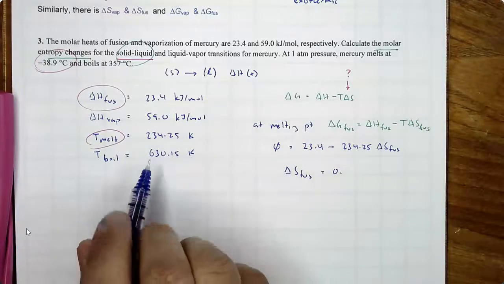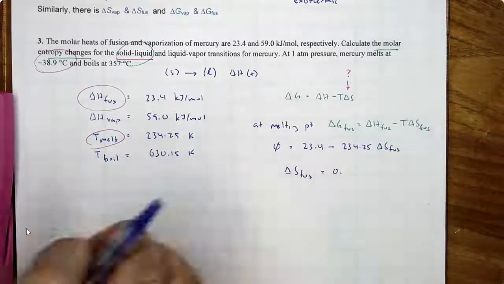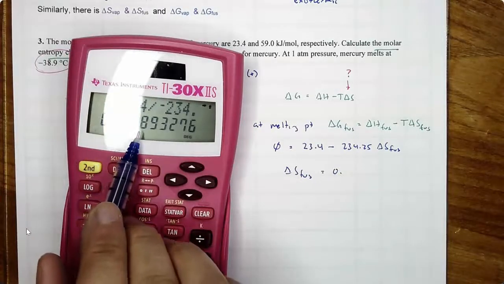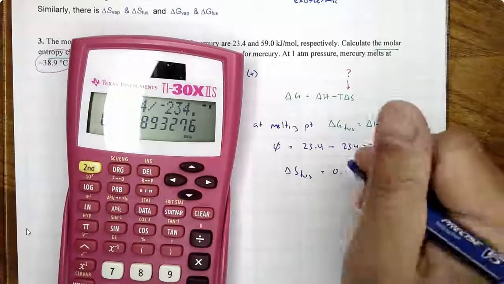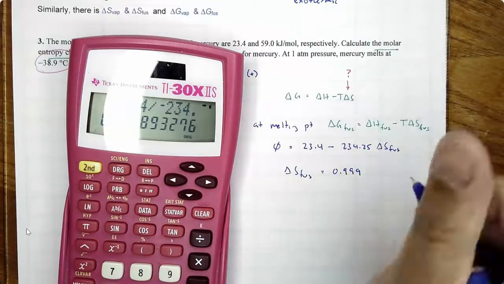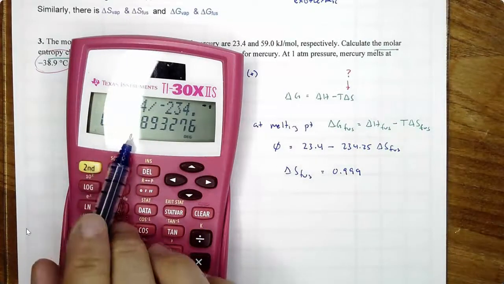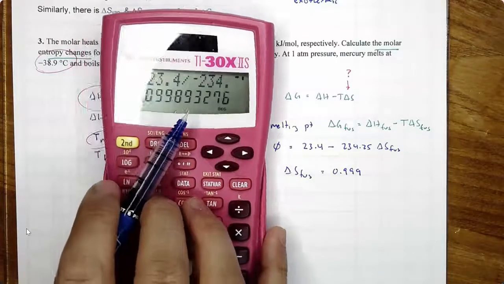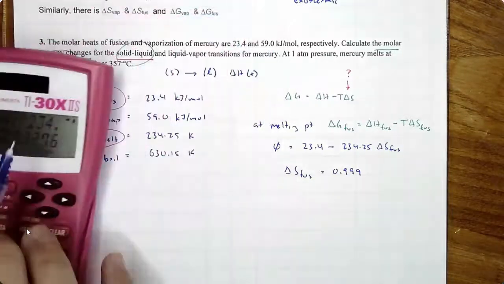Let's use 3 significant figures. 0.0999. I thought I was going to have to round to 0.1. So that's 3 significant figures. That rounds up to 9.